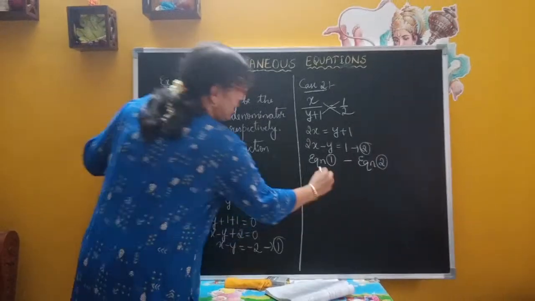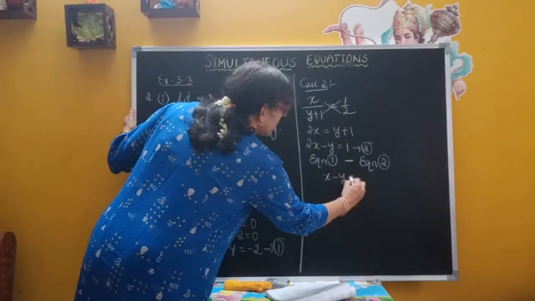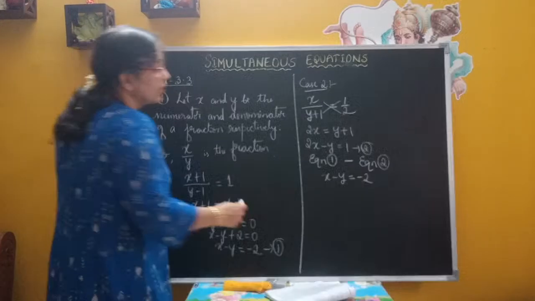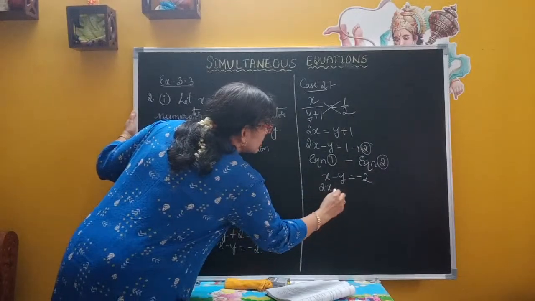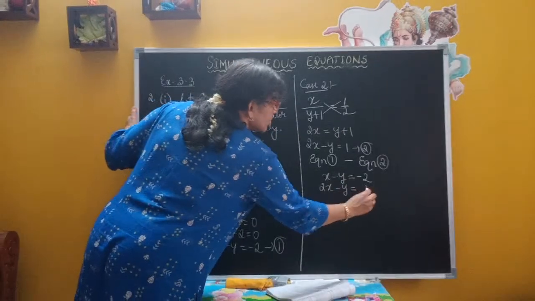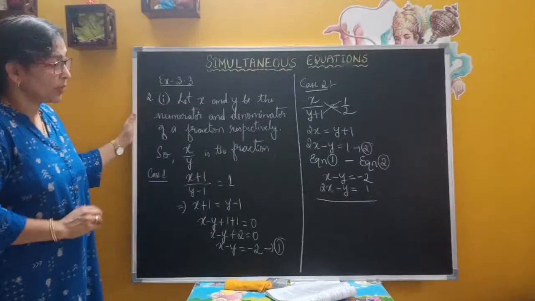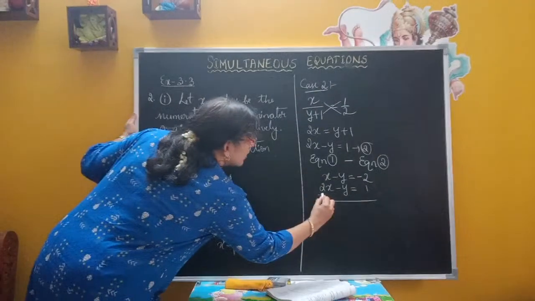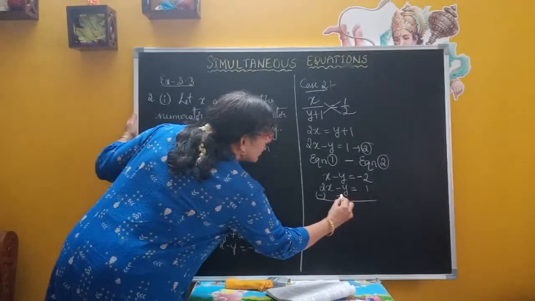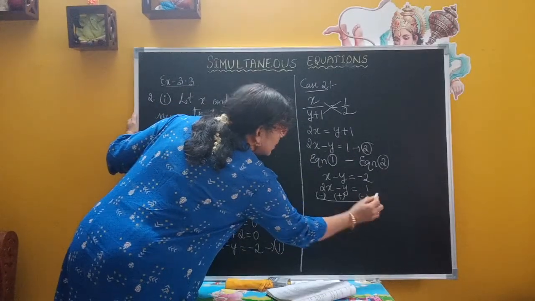So equation 1 is x minus y is equal to minus 2, and second equation 2x minus y is equal to plus 1. So what to do now? Change the sign. Plus 2x becomes minus 2x, minus y becomes plus y, and this plus 1 becomes minus 1.